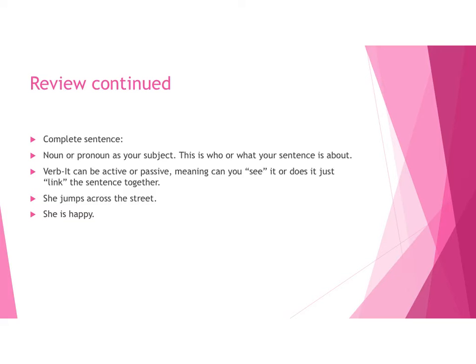What is a subject? It has to be a noun or a pronoun, who or what the sentence is about. A verb, you can see it. Riley jumps. You can see Riley jumping. Okay. She smiles. You can see her smiling.